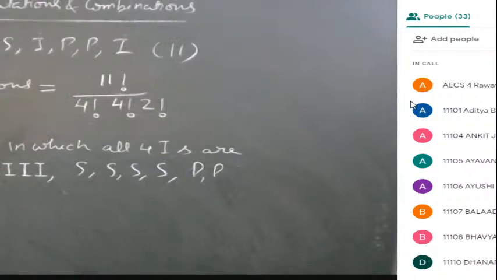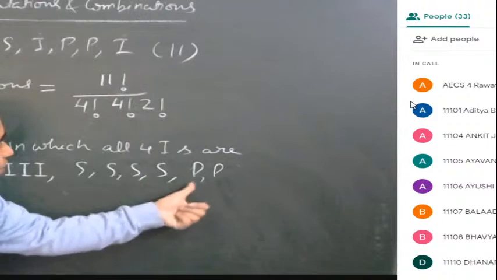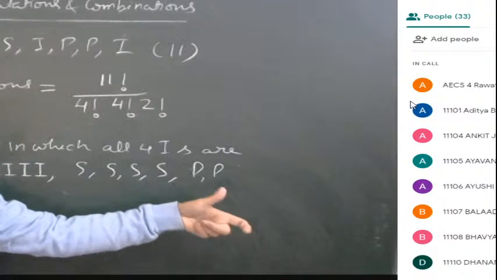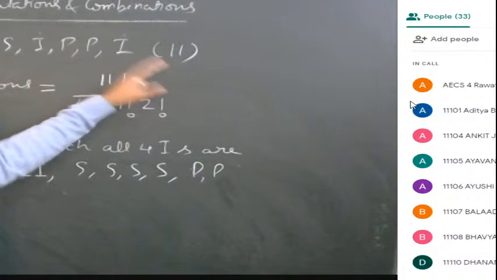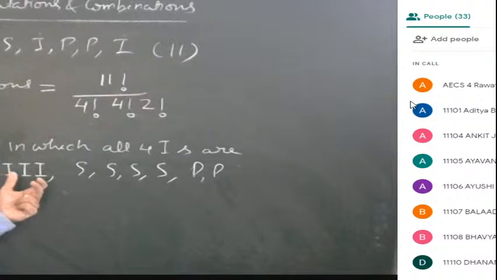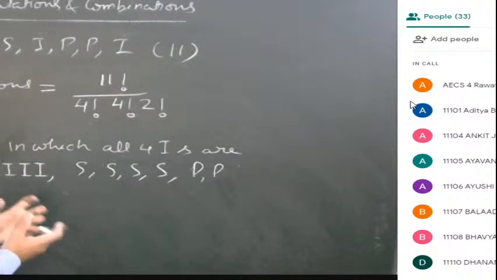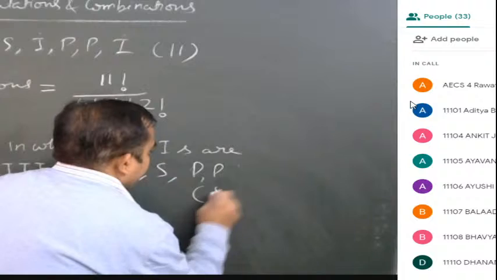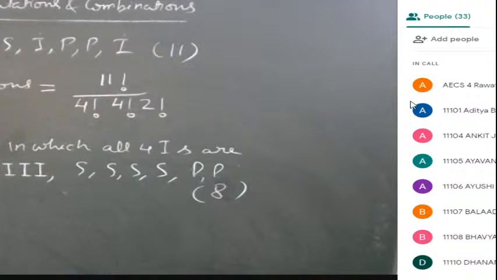Then total how many letters are available? 1, 2, 3, 4, 5, 6, 7, 8. Right? Total 8. ऐसे बोल दीजिए या फिर ऐसे 11 minus 4 is 7, but 1 तो consider कर रहे हैं तो plus 1 is 8. Total 8 letters are there.